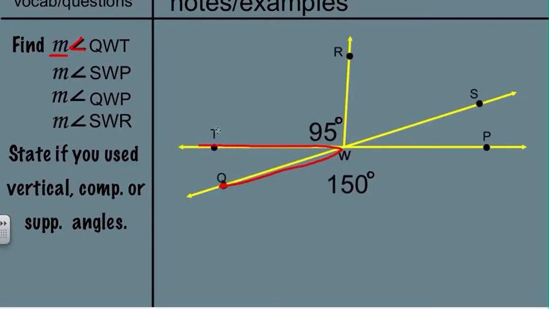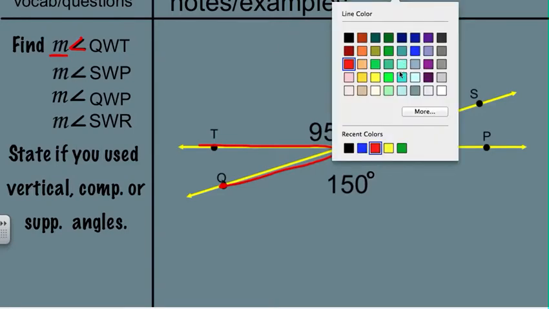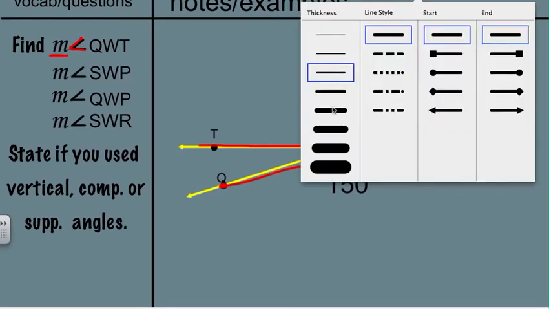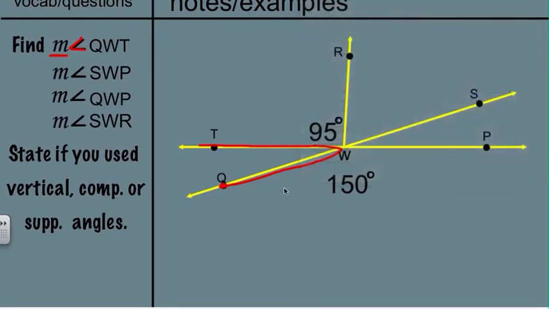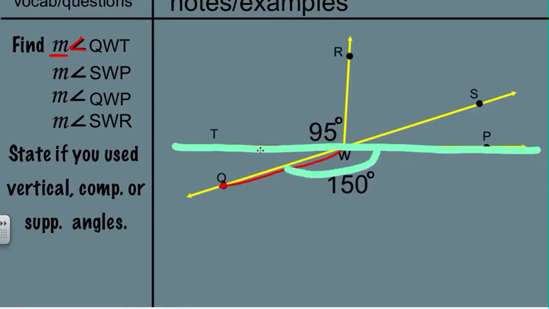So I know your eyes are probably doing some goofy things on you right now, and you're seeing all these different things hanging out. Let's make it just a little bit easier. I'm going to show you this in case you didn't see it. This is a straight line. This straight line is made up of this angle and this angle. This is the one we're trying to find.